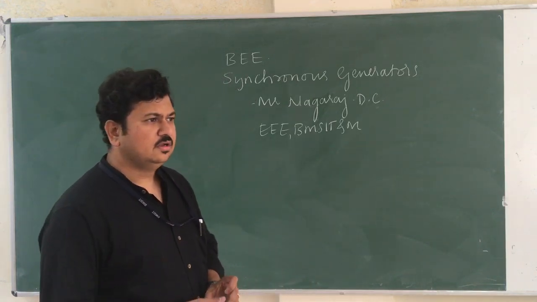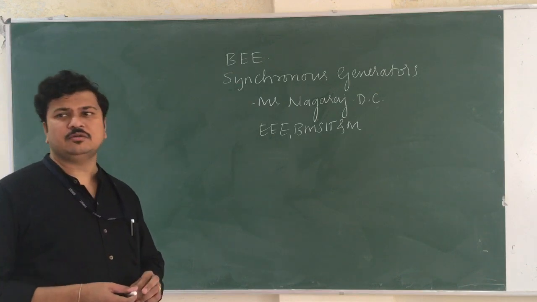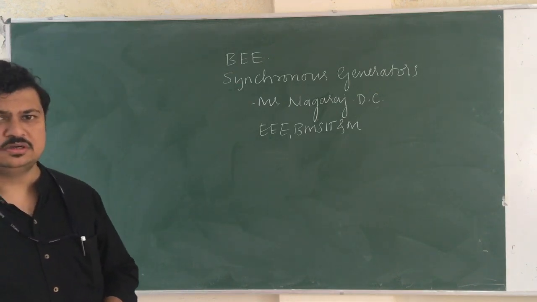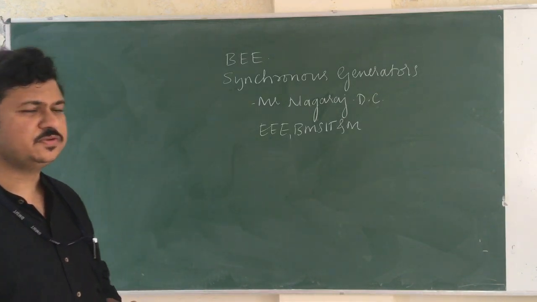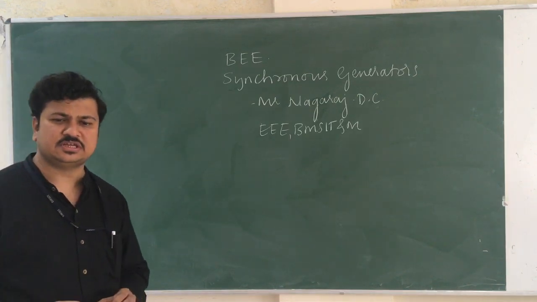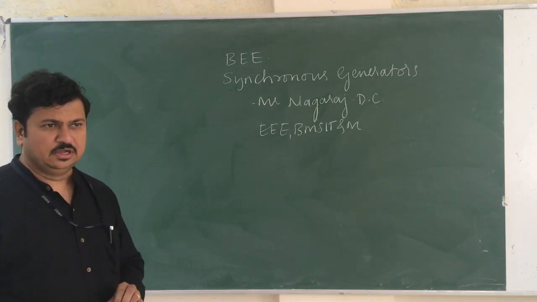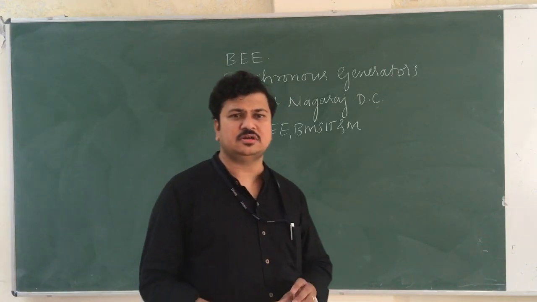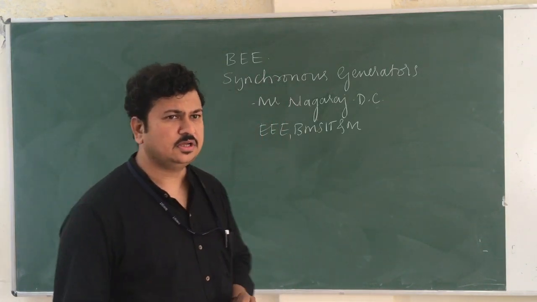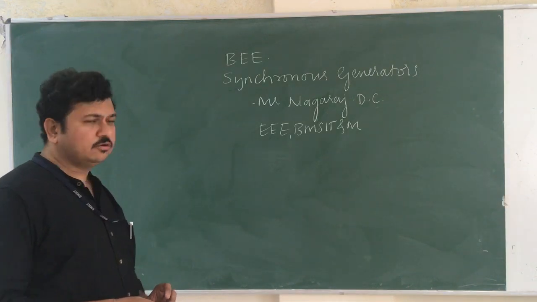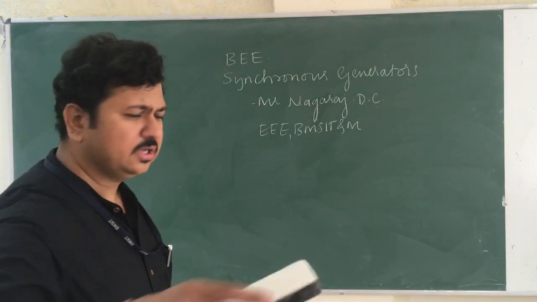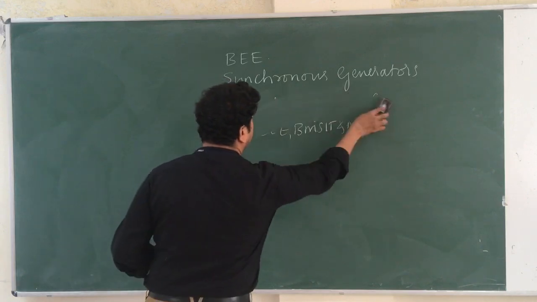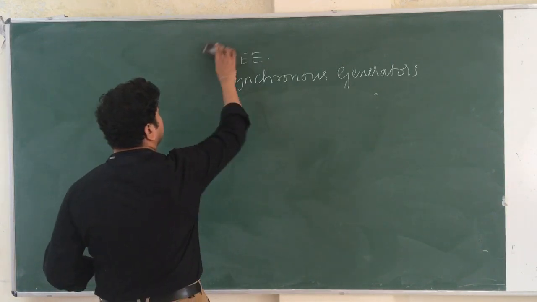The other converts electrical to mechanical, which we call a motor. The third transfers electricity from one circuit to another, which is our transformer. We have seen the transformer's construction, principle, losses, efficiency and so on. Now we will move to synchronous generators.